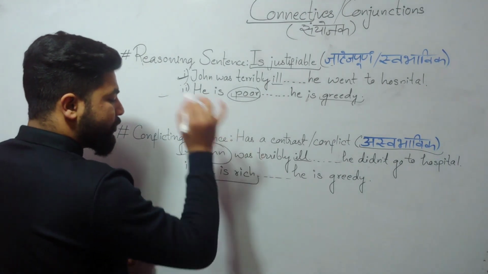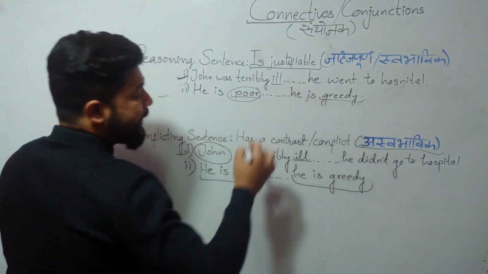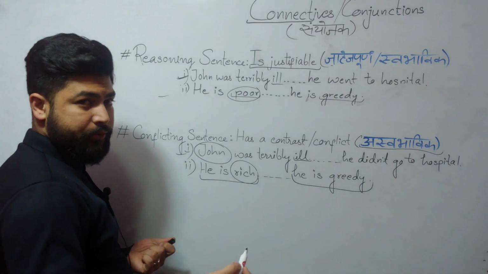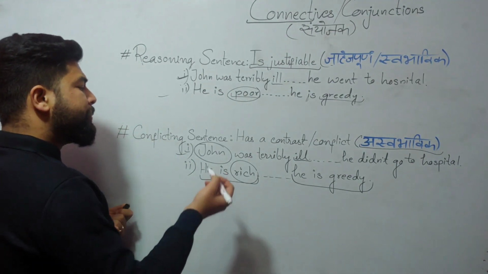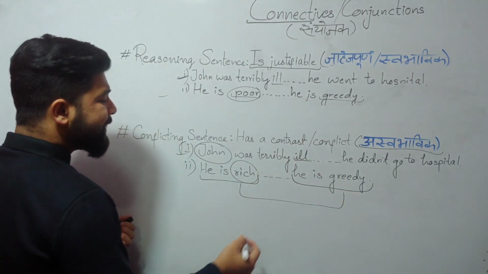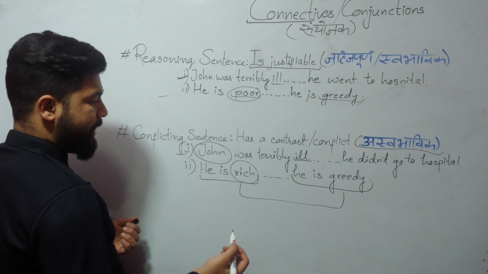Likewise, he is rich. He is greedy. So, being rich means you have lots of resources. Yes. And being rich, you are greedy means there are two opposite terms, you know, because greediness and being rich do not go together. Yes.